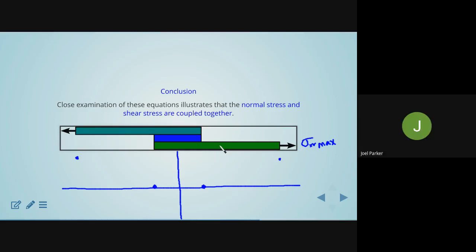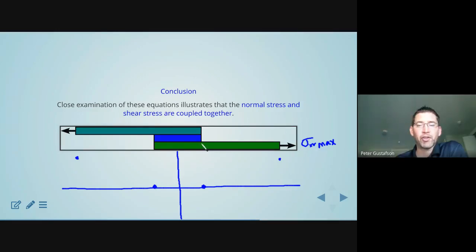Wouldn't it stay at sigma xx max all the way until it hits the blue point? Yeah, so right there, it pretty much stays at sigma xx almost right to that point. Now, if we do a finite element analysis, it turns out we're going to get some really big stress concentrations in this area, but we're going to neglect that for the time being. And we're just going to say that it basically stays the same till right about here. Okay, so that, again, I'm going to try and draw this horizontal. Those are supposed to be on the same level, okay?